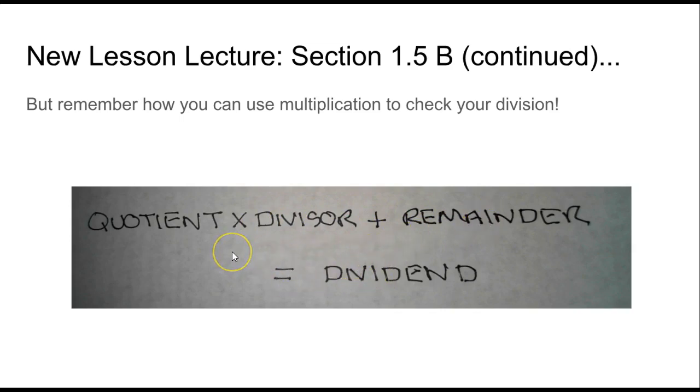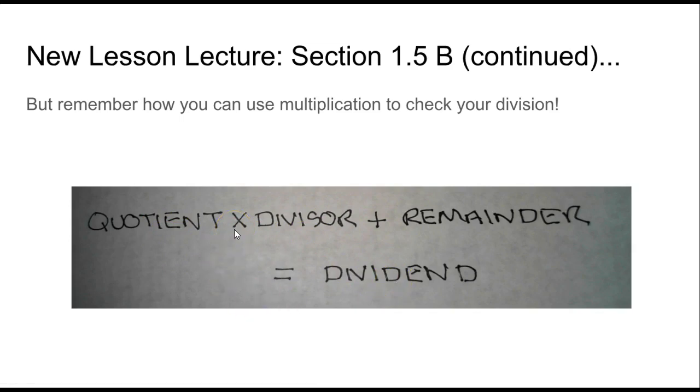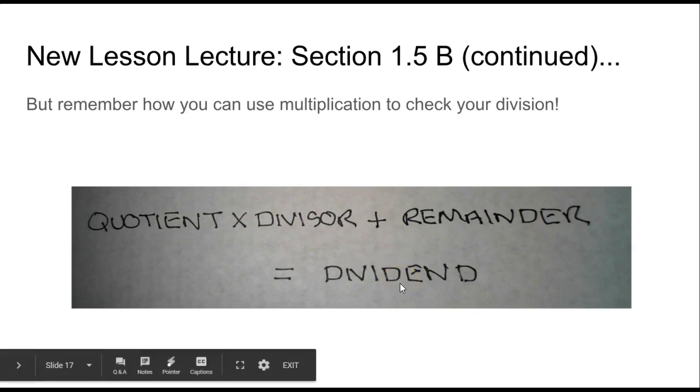If a number divides evenly, which means you get a 0 at the end, it's quotient multiplied by divisor equals dividend. When you have a remainder, it's the same thing, you just add the remainder. So the quotient multiplied by the divisor plus the remainder should equal the dividend. Now let's see what that looks like so that it makes more sense to you, okay?